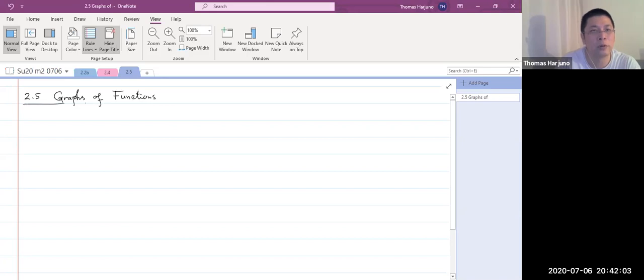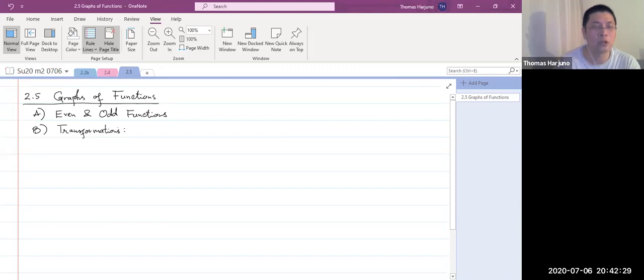Later on, the first topic will be about even and odd functions. And then part B is about transformation, at which we have done most of them.